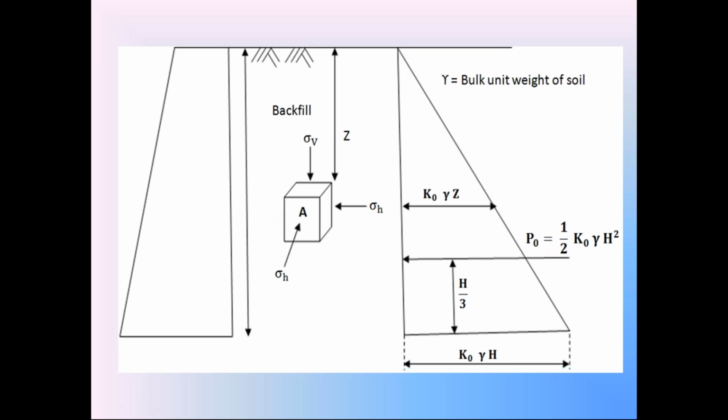According to strength of materials, the strain along the x-axis EX is equal to sigma x by E minus mu into sigma y by E minus mu into sigma z by E. Applying that equation for this soil element along the x-axis, the strain EH is equal to sigma h by E minus mu into sigma v by E minus mu into sigma h by E. That is equation 1.